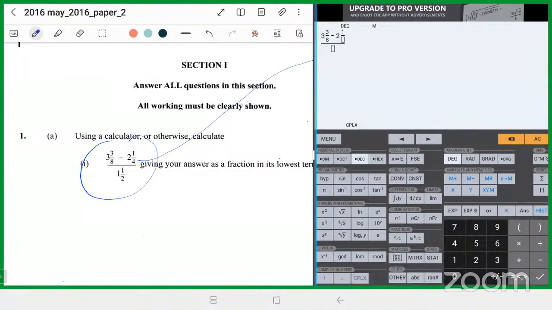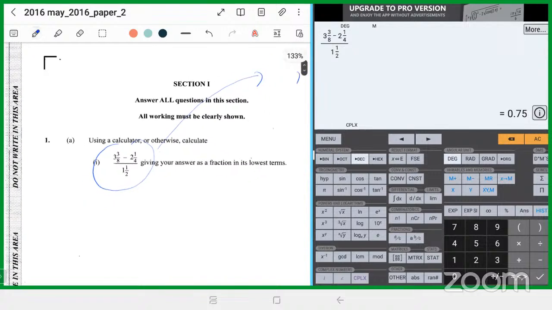I'm continuing to type this information into the calculator. We reach there, now we need a quarter to complete that 2 1/4, and we're dividing all of that by another mixed number, which is 1.5. The calculator is telling us 0.75.